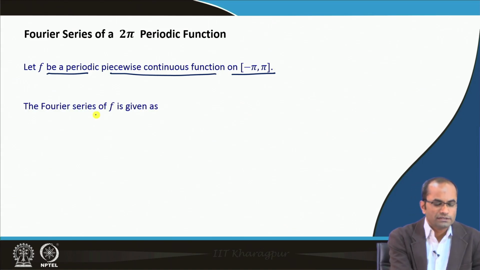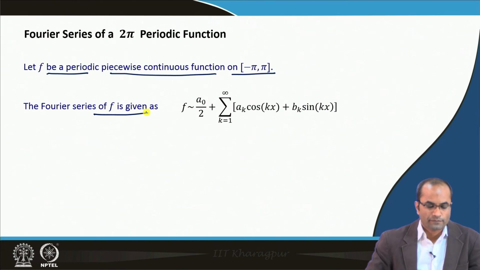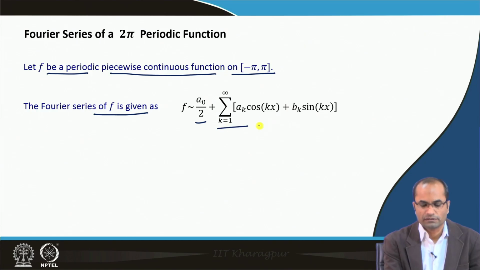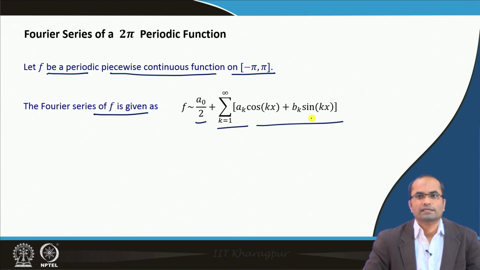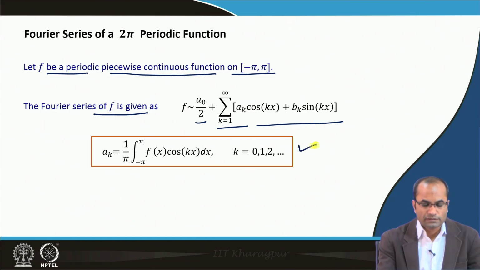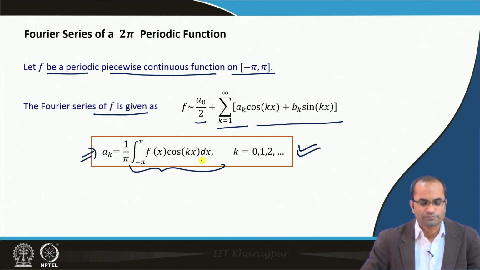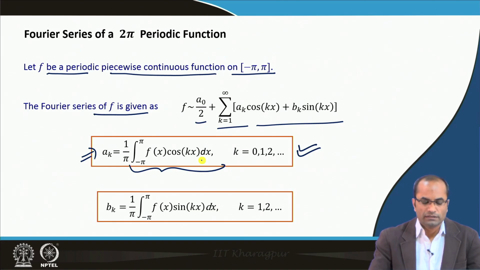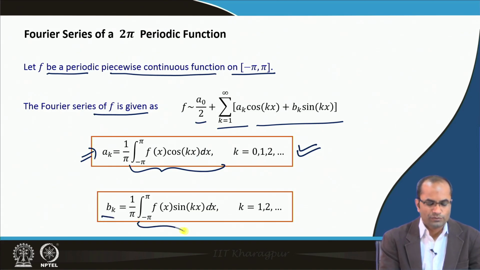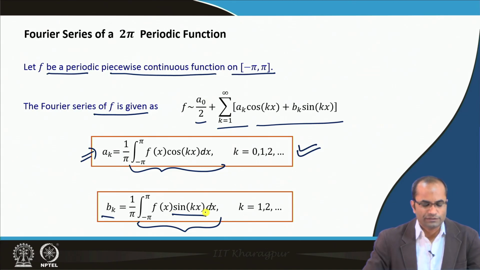So, its Fourier series is given by this trigonometric series a naught by 2, and then we have the summation over a k cos k x plus b k sin k x, where the coefficients, the so called Fourier coefficients a k, we can compute by this integral from minus pi to pi f x cos k x dx, and similarly the coefficients b k we can compute with a similar integral having the sin k x dx, and this k goes from 1, 2, 3 and so on.